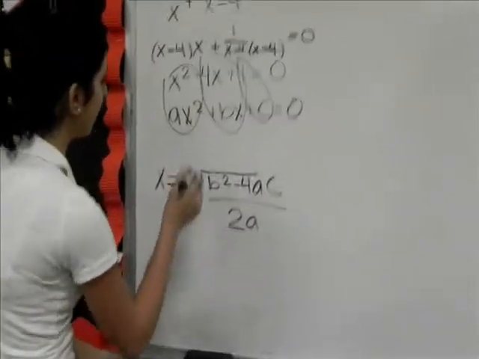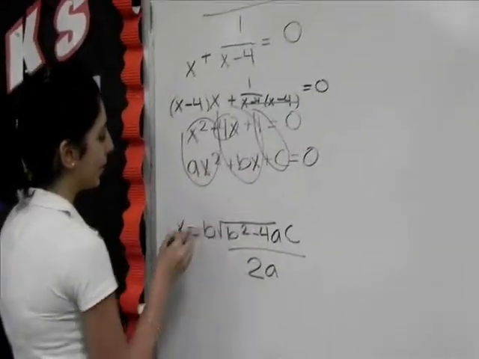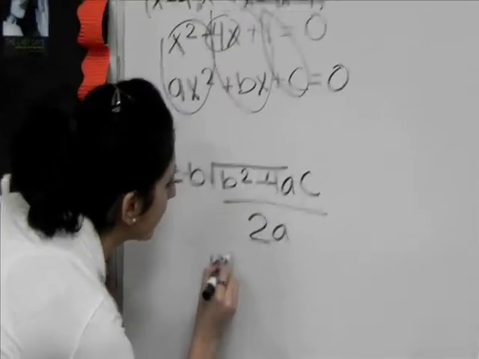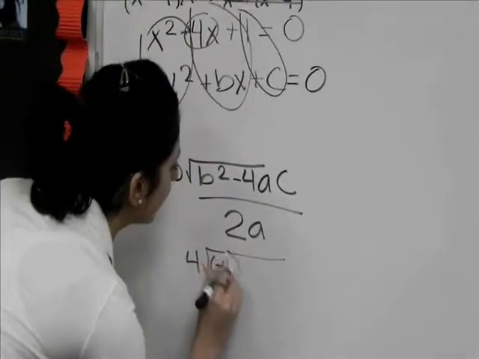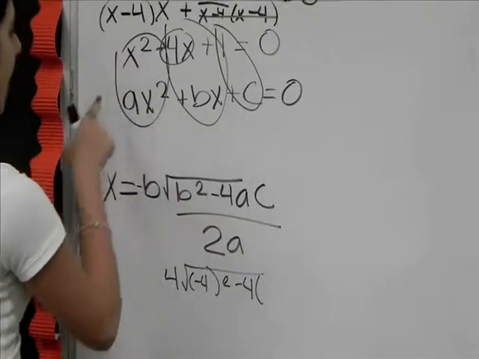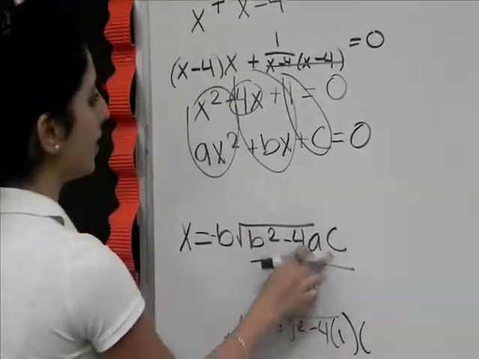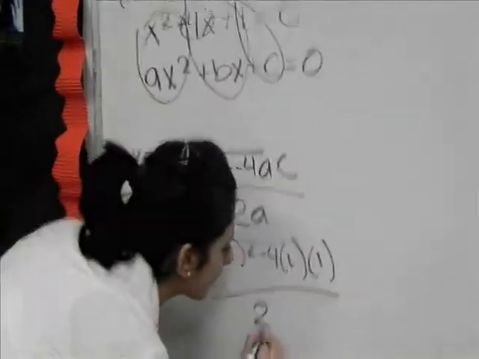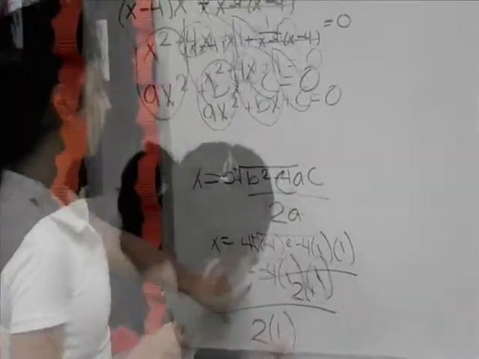So then you have negative, right here you have -4 with a -b, so it cancels out, making it +4, plus or minus the square root of b, -4 squared, minus 4, then a would be 1, and then times c, which is 1, over 2 times a, which is 1.